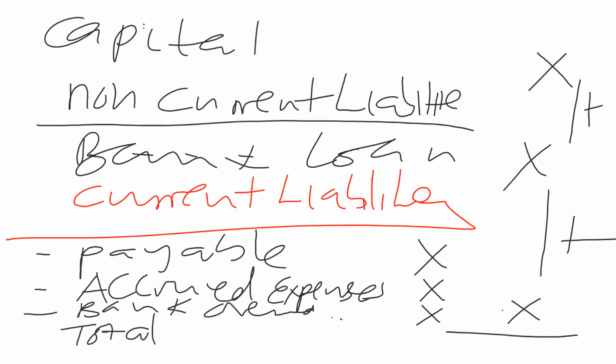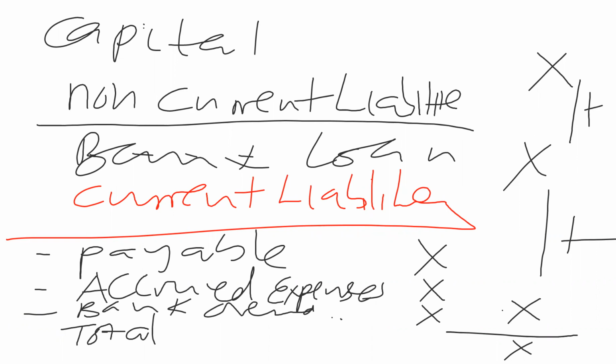Okay, total capital. What you have down here when you add everything: the capital plus non-current liabilities plus current liabilities, you should get an amount equal to the total assets.